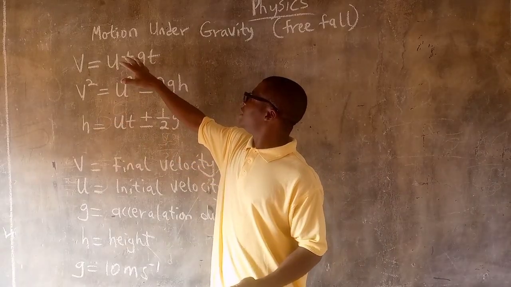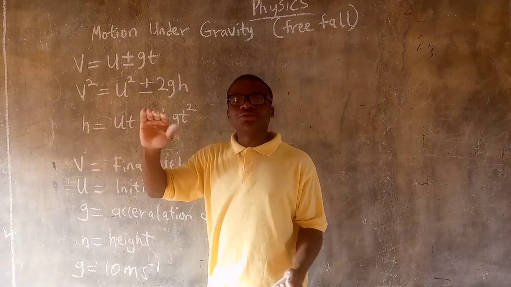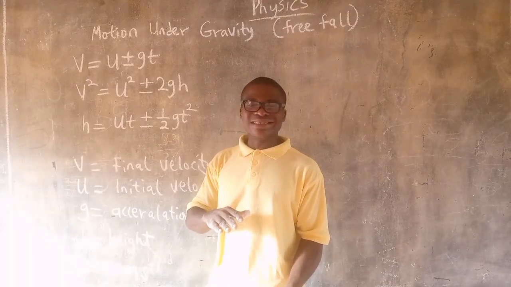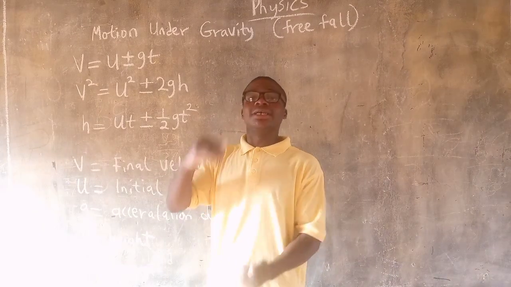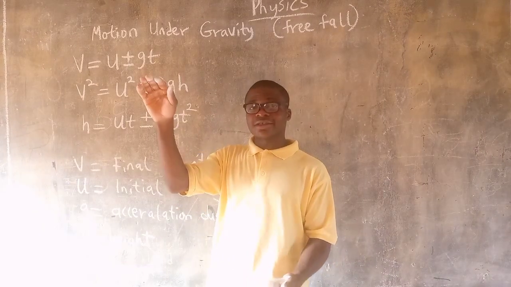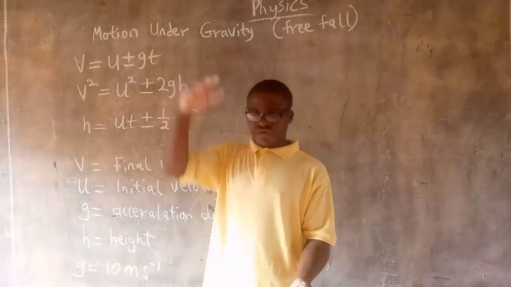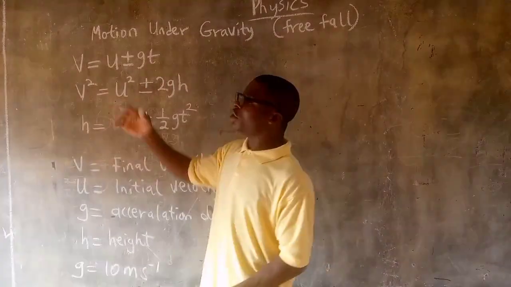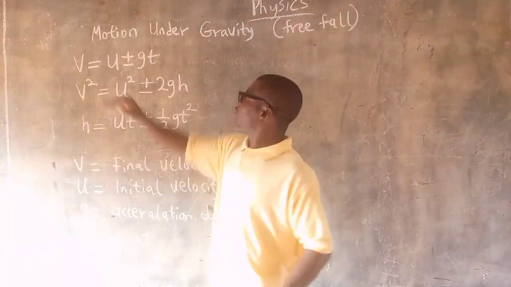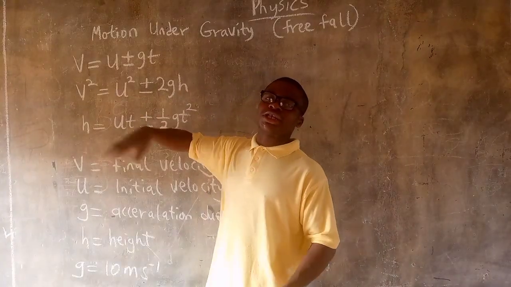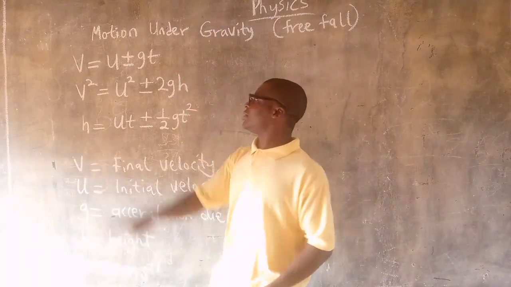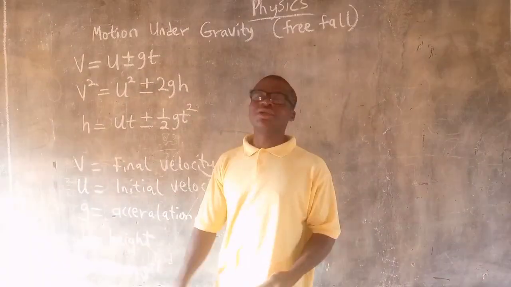Why? Because the motion of the object is retarded. In other words, it is decelerating. It is decreasing until at a height the object stops moving before falling downwards. So if the object is thrown upwards, use negative sign. But if the object is falling from a height, use positive sign.